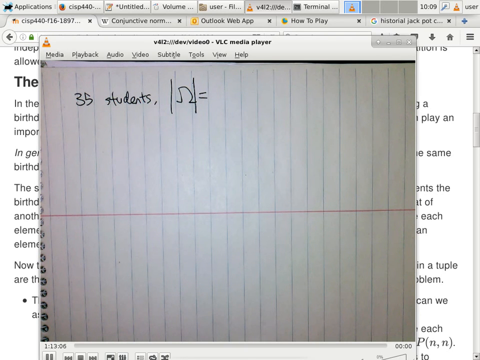Well, we take a look at one person first. We take a look at myself and ask, how many choices do I have as a birthday? 365. What about the next person? Same, because at this point we are not concerned about collisions or whether people have the same birthday or not. I'm just trying to enumerate all possible combinations of birthdays.